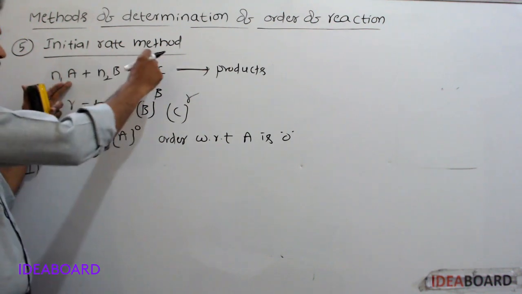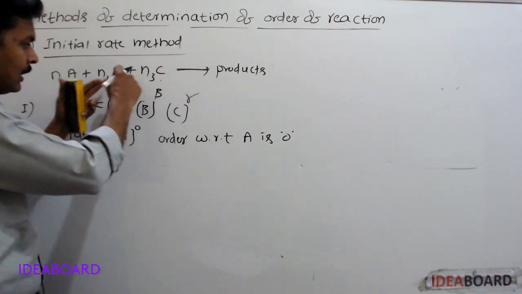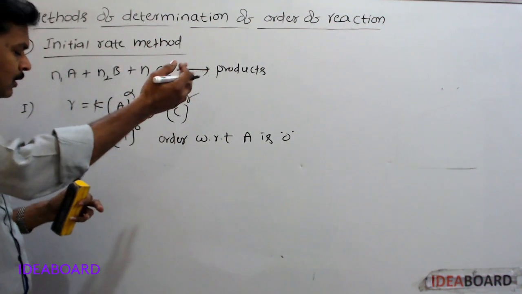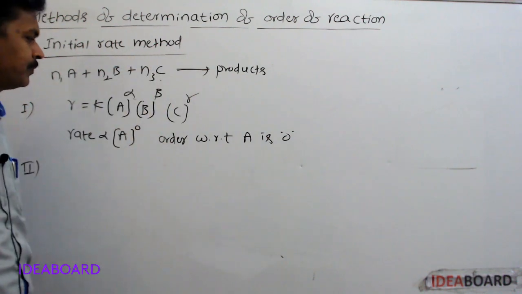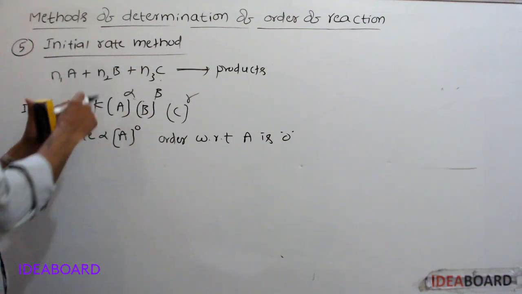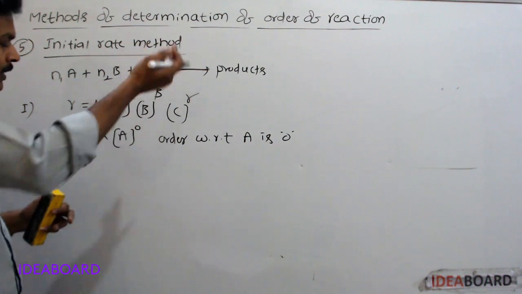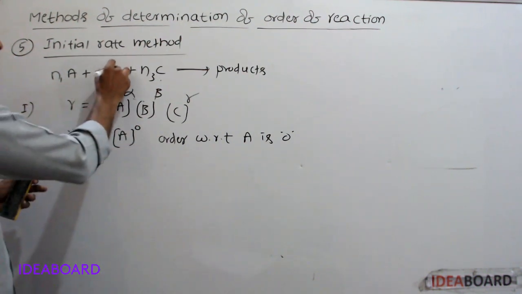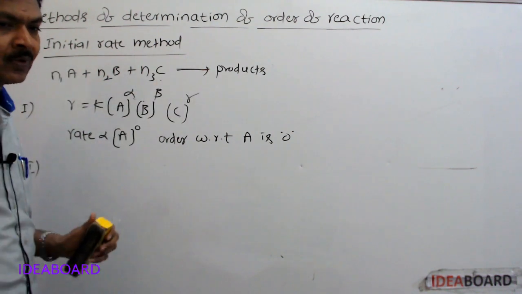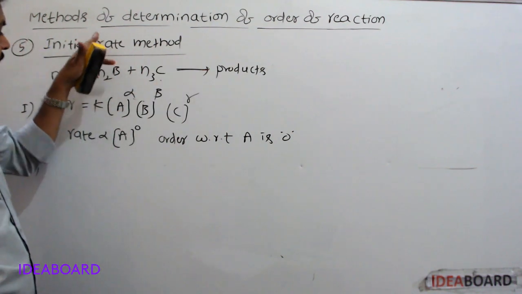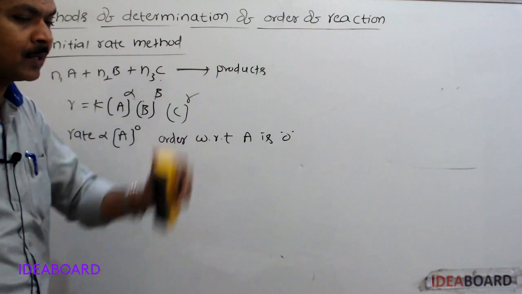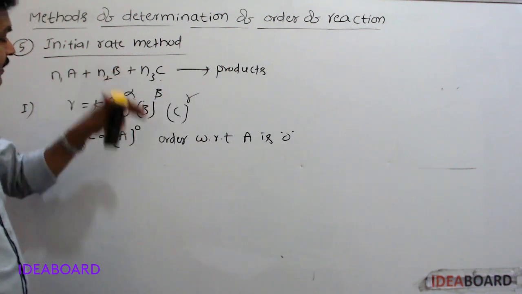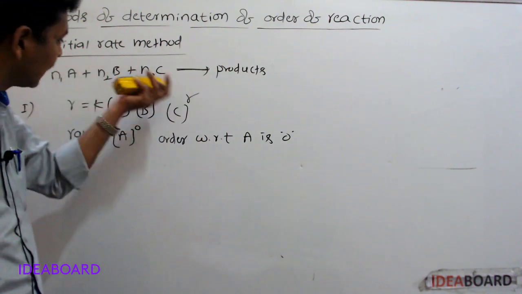Or if B concentration is tripled, then rate of reaction also triples. If B concentration is doubled, rate of reaction also becomes double. If B concentration is tripled, rate of reaction also triples.